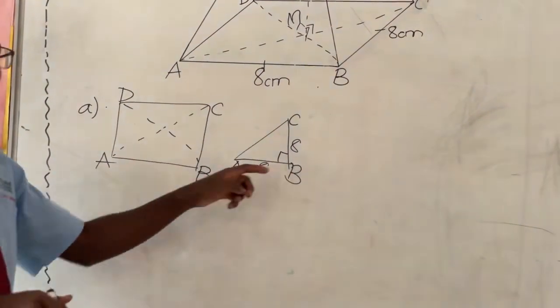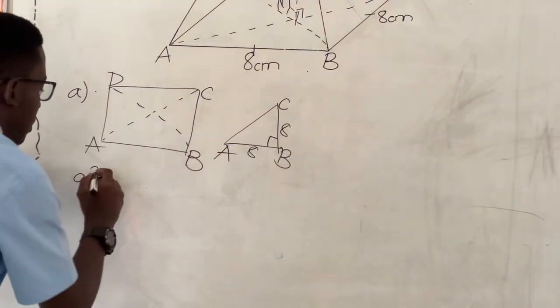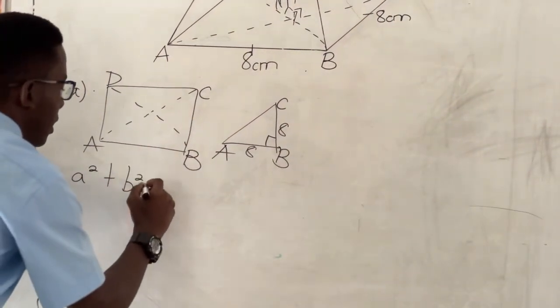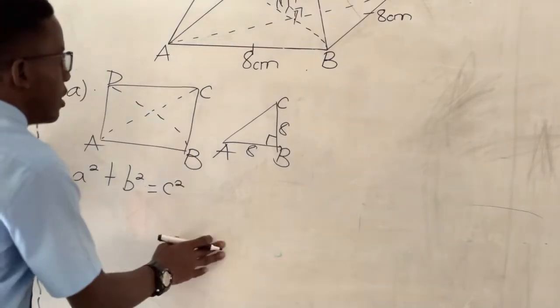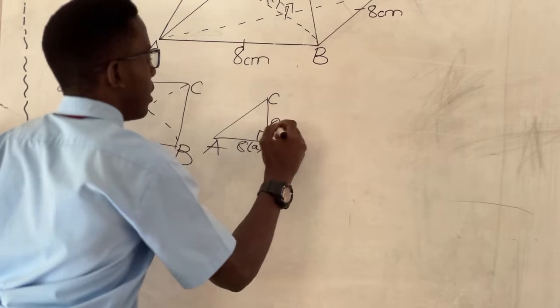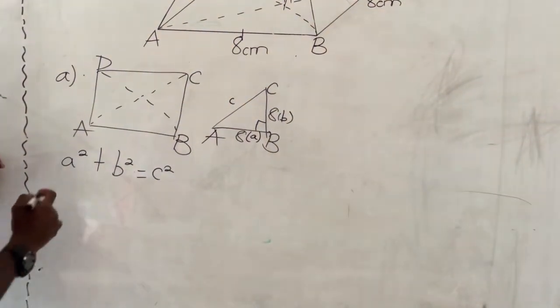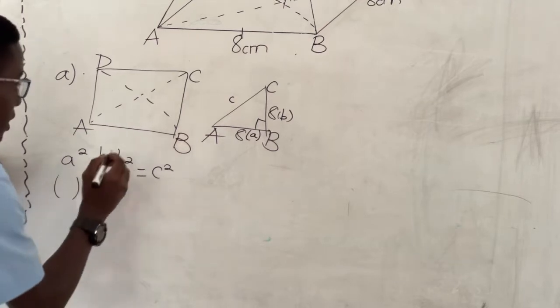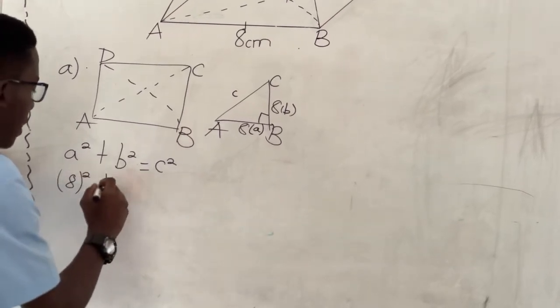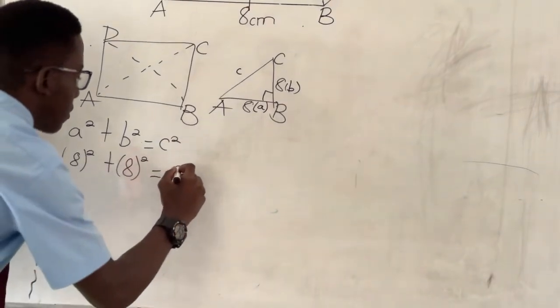I think you're familiar with this. We're going to use Pythagoras Theorem, which generally states a squared plus b squared is equal to c squared. So we label our points. This is going to be A, this is going to be B, and this is going to be C. And so we say our a squared, which is 8, plus our b squared, which is also 8, is equal to c squared.